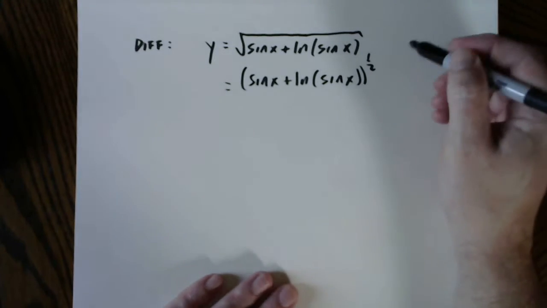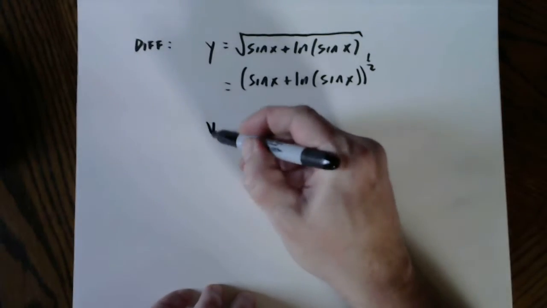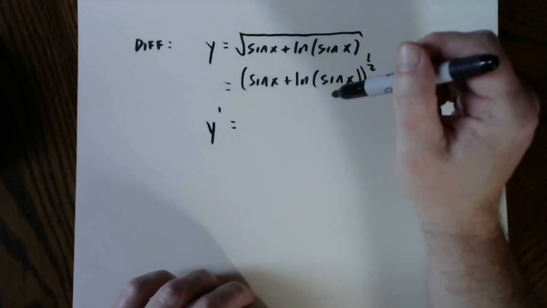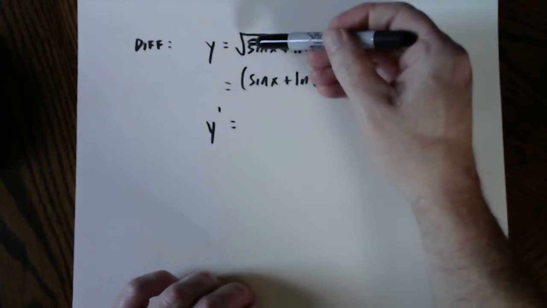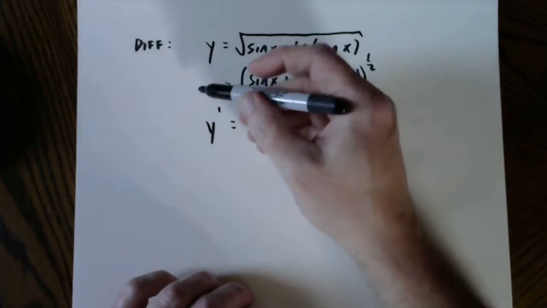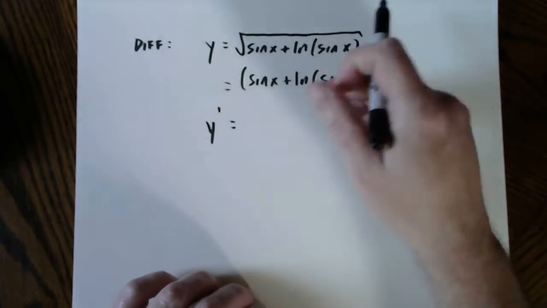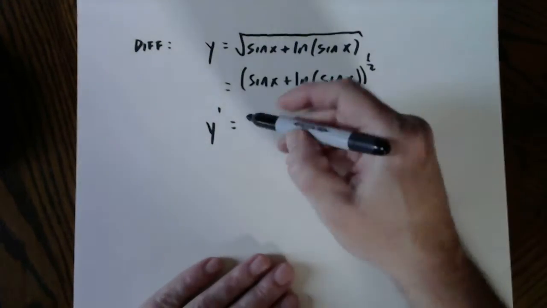So the first rule in play here is my power chain rule. One good habit is make sure you have this notation accurate, right? What I did is I rewrote y. Sometimes students will have a tendency to put a y prime here, but you haven't differentiated yet. So don't use y prime until you're actually taking a derivative.